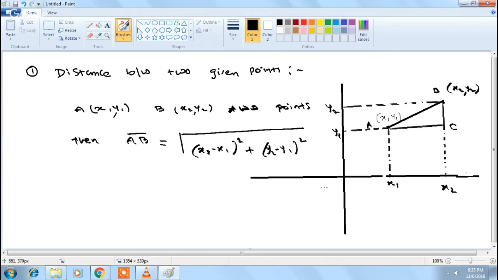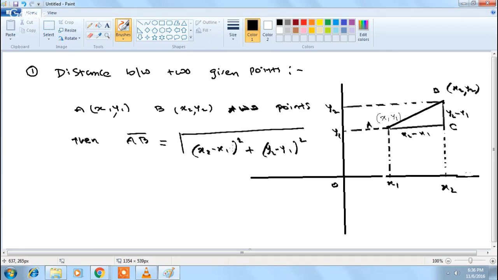So could you guess this measurement AC? Yes, it is nothing but x2 minus x1. And how much is BC? The difference of these two ordinates, right? So it would be y2 minus y1. So BC is y2 minus y1, and AC is x2 minus x1.